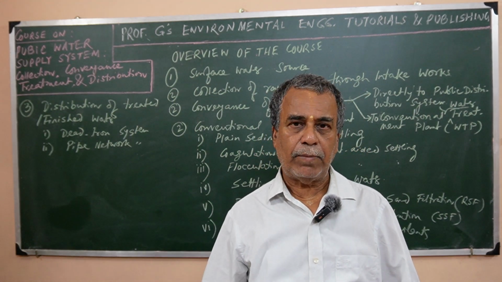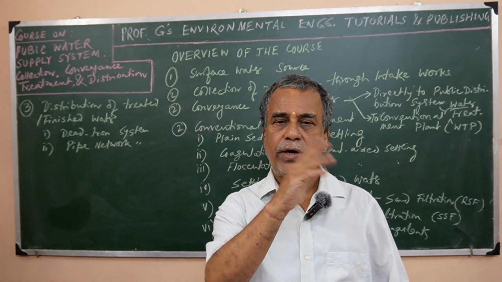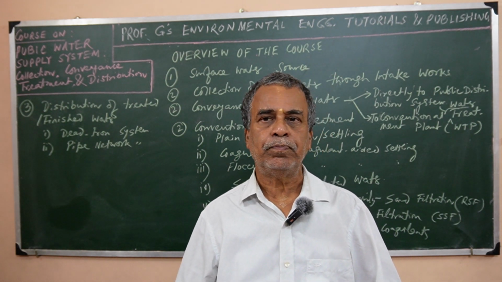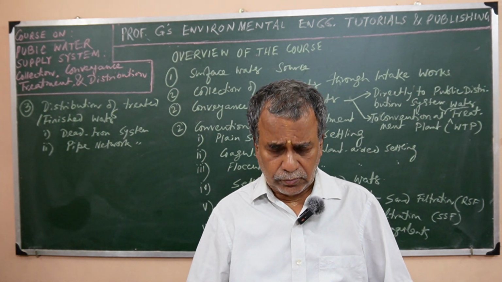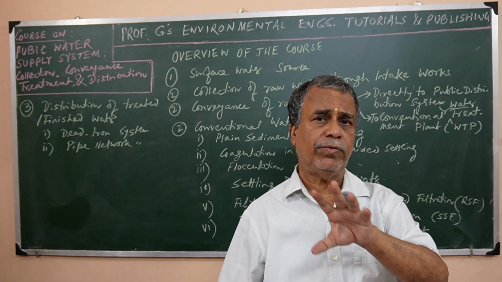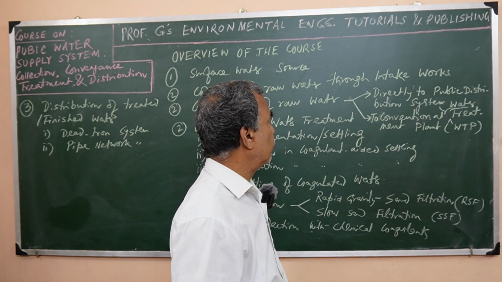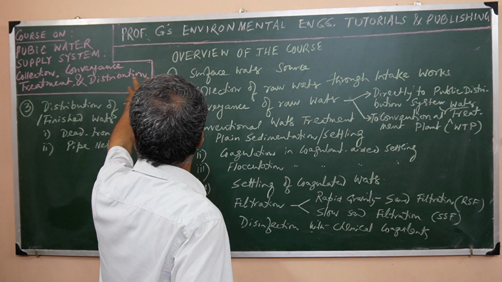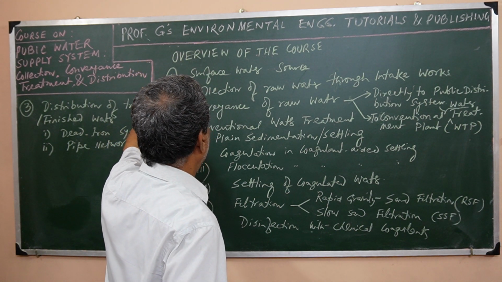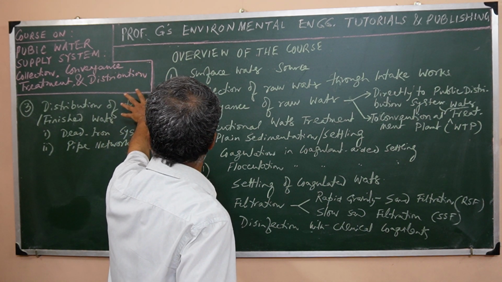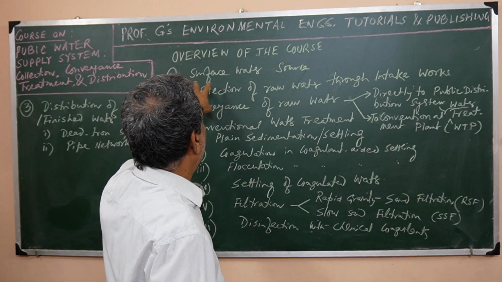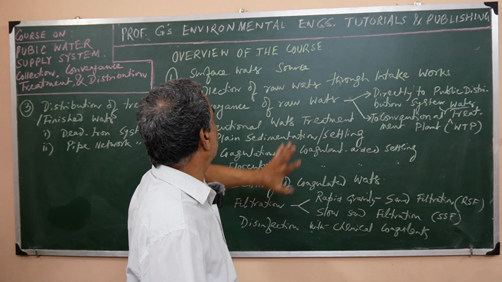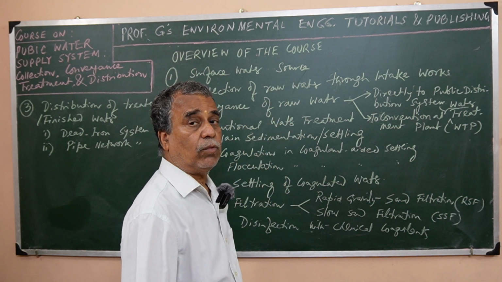to the public distribution system also, that I have already discussed in water distribution. So surface water source, we will restrict the production or supply system, the water supply system for public water supply, to the surface water source also, because this is very common.